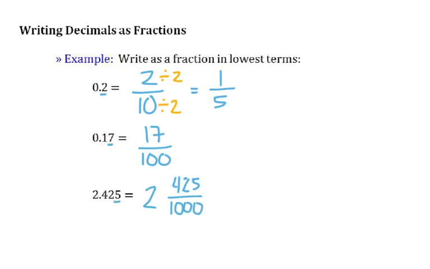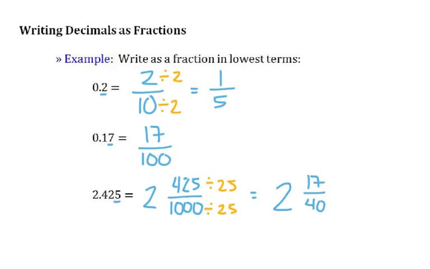And just like our first example, the fraction part here, 425 over 1,000, reduces. Looks like these values both reduce by 25, or if you'd like to take smaller factors and do a few steps, that's fine too. Either way, you will arrive at 2 and 17/40ths as our fraction in lowest terms here. So that is writing decimals as fractions.